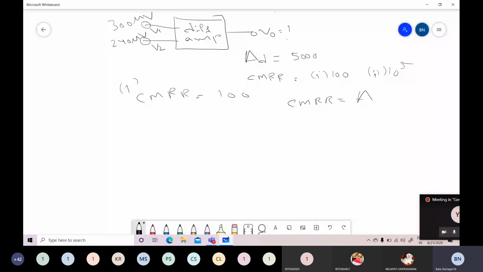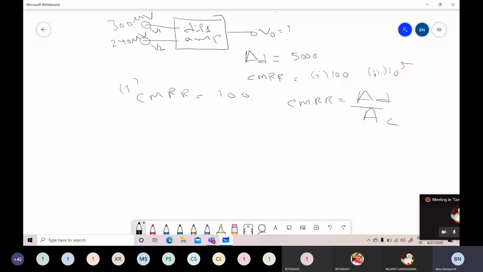The differential gain they have given is 5000, so from this you can find the value of AC. CMRR is 100 and AD is 5000. The zeros cancel, so the AC value is 50. So for the common mode, we have got AC equal to 50.